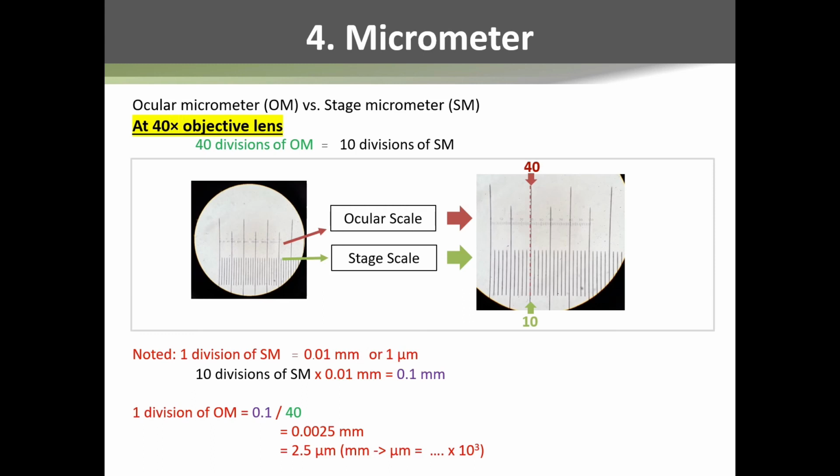We calculate the actual length of each division of the ocular micrometer at high power 40x by dividing 0.1 with 40. The answer is 0.0025 millimeter or 2.5 micrometers.